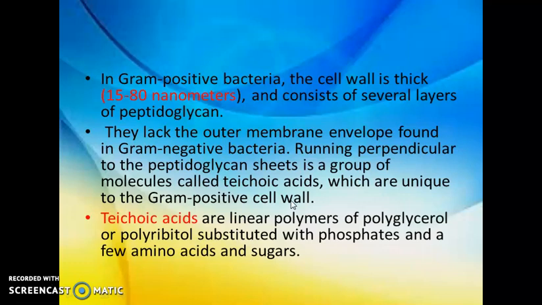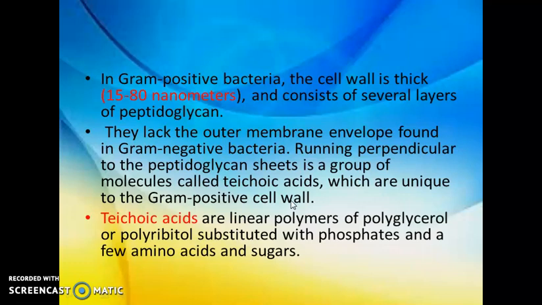Running perpendicular to the peptidoglycan sheets is a group of molecules called teichoic acid molecules. They are present within the peptidoglycan sheet, running perpendicular through it, and are unique to the gram-positive bacterial cell wall.